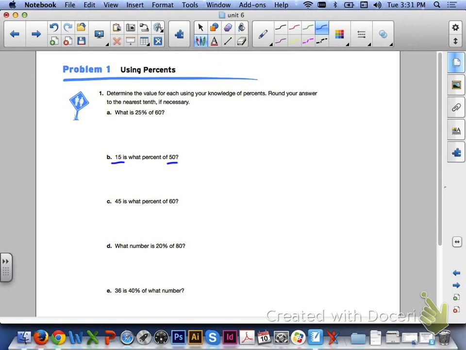Okay? So if we look at D, it says what number is 20% of 80? So if we want to write an equation, that's fine. But here we are going to have to do some converting because it's not clear how to convert from 80 to 100.